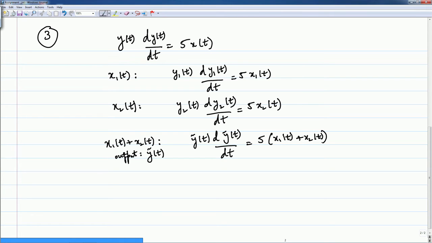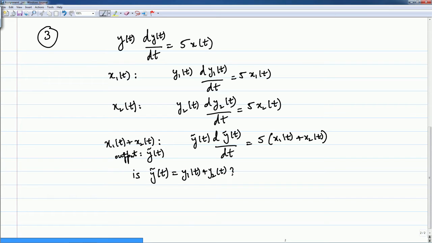So, if you put in x1 of t plus x2 of t instead of x of t, and y tilde of t instead of y of t, you should be able to satisfy this equation. So, now the question is, is y tilde of t equal to y1 of t plus y2 of t? That is the question we are asking.